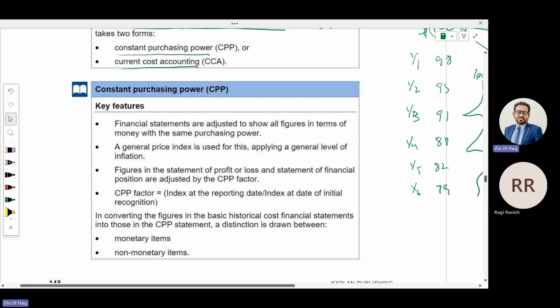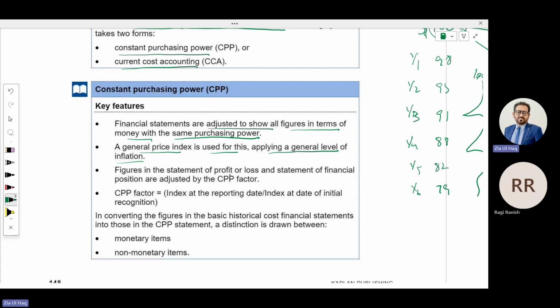What is constant purchasing power? Financial statements are adjusted to show all figures in terms of money with the same purchasing power. A general price index, meaning inflation, is used for this, applying a general level of inflation.